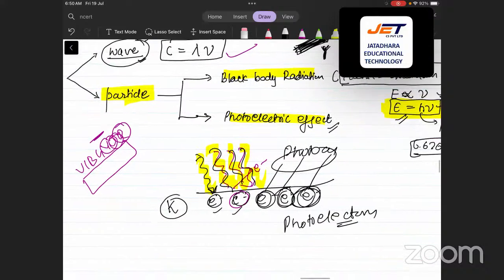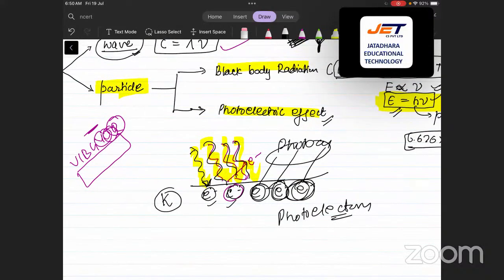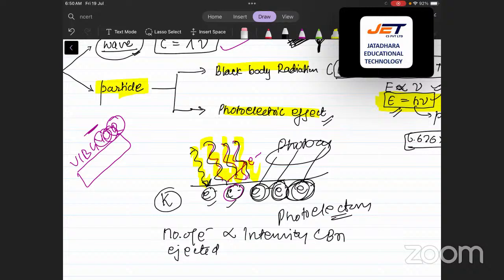Correct? So that was his observation, that the number of electrons ejected is proportional to the intensity of light, or in simpler words, the brightness of light, right?